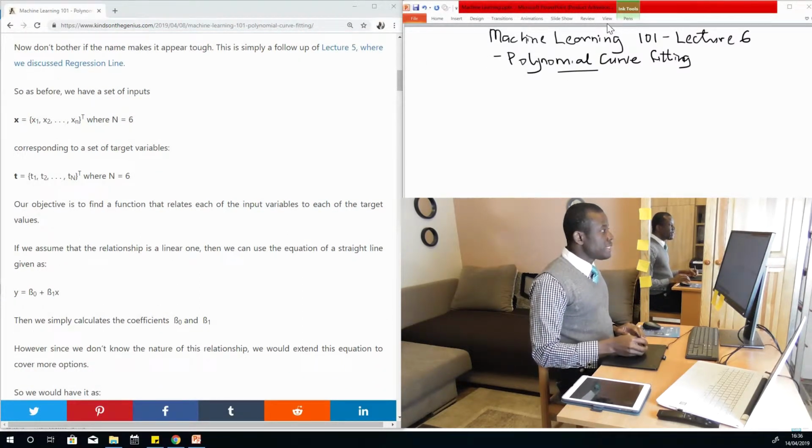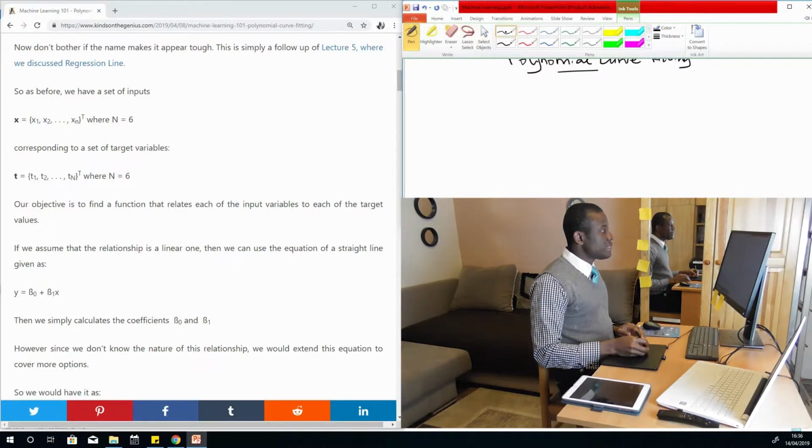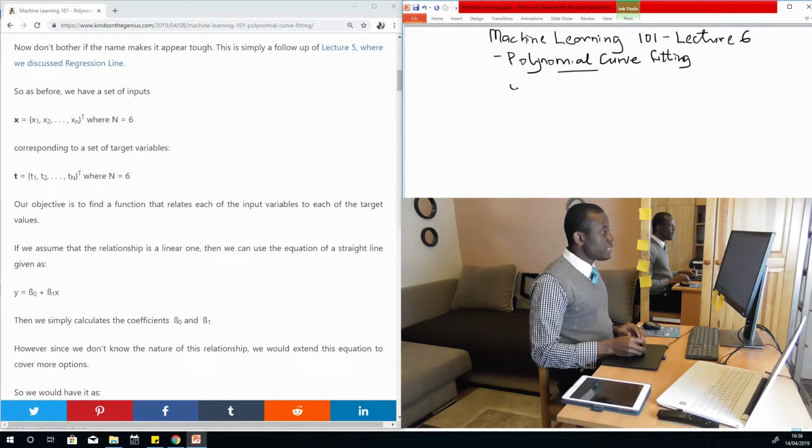So the equation that relates x and y is y is equal to mx plus c, and we have to do the work of finding m and c. This can be written, as I told you before, as y is equal to beta 0 plus beta 1 x.